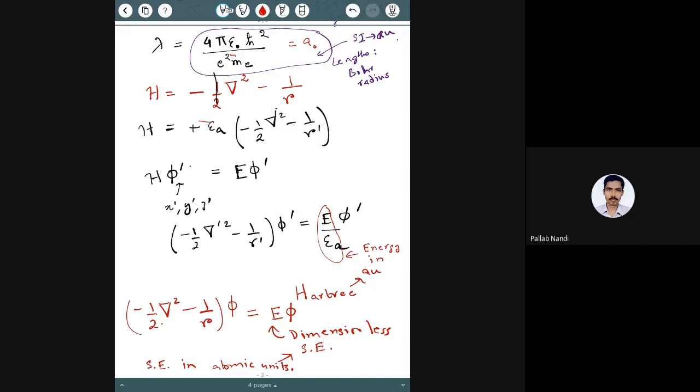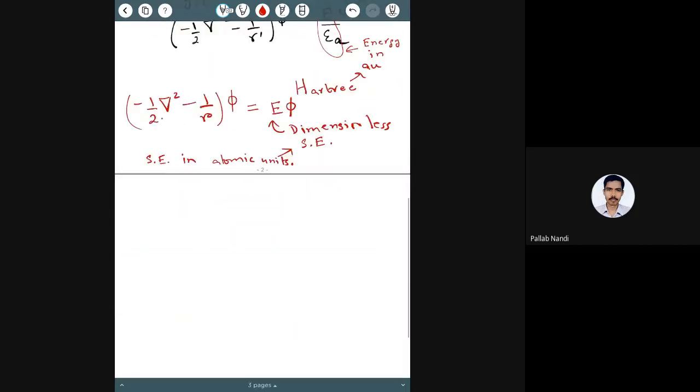Okay. So I wanted to just show you the criteria for doing these atomic units. Now, in addition to the atomic units for energy and length, which come out of this analysis, there are atomic units for other quantities as well. They have been chosen as follows.